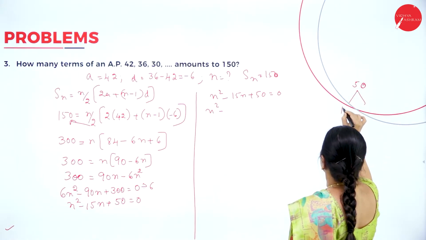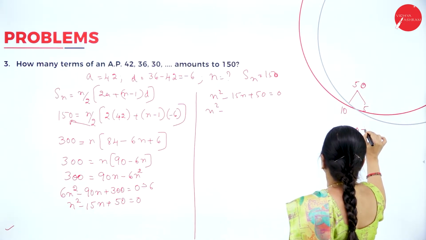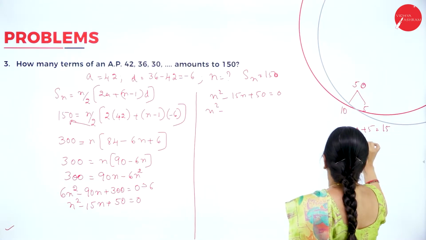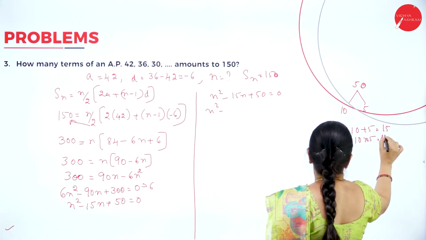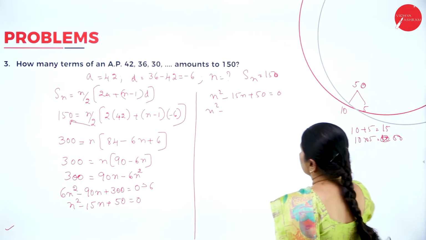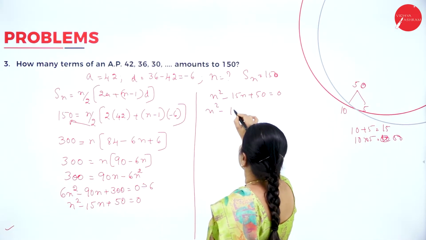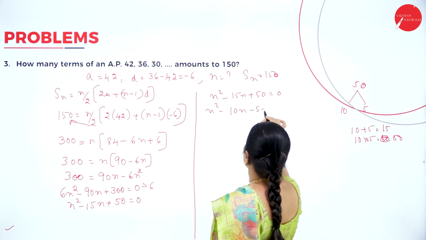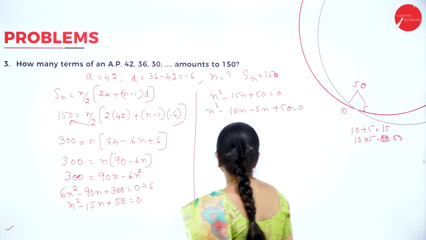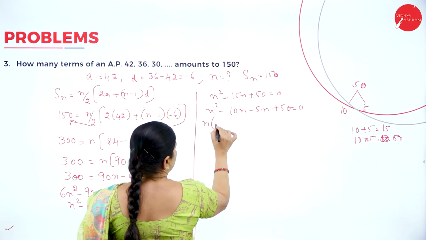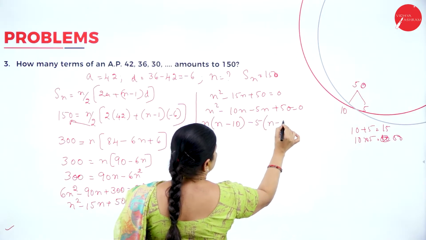So this will be 10 into 5. So 10 plus 5 equals 15, 10 into 5 equals 50. So this will be equal to n square minus 10n minus 5n plus 50 equals 0. So n is common, and minus 5 is common.